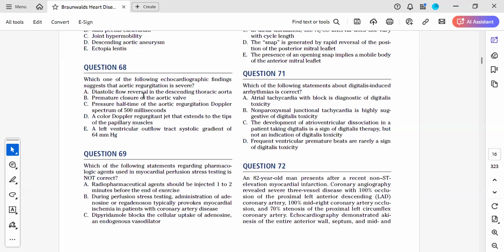However, toxicity has also been reported below that value, between 1.3 and 1.5 nanogram per mil, especially when the patient has other comorbidities like hypokalemia, hypomagnesemia, hypercalcemia, and even myocardial ischemia. It's even possible for patients to exhibit digoxin toxicity, which has also been reported to induce arrhythmia.